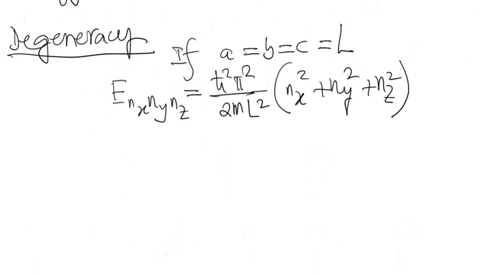It is apparent from this equation that in a cubic box, the sides of the box are the same, A equal to B equal to C equal to capital L. The energy depends on the sum of the squares of the quantum numbers nx, ny, nz if the sides of the cube are equal.